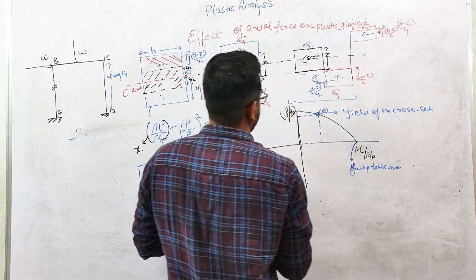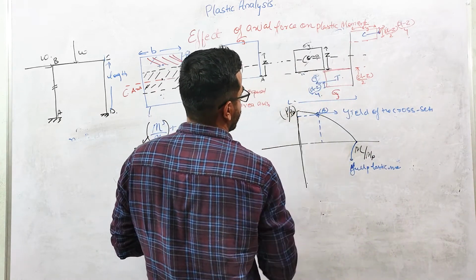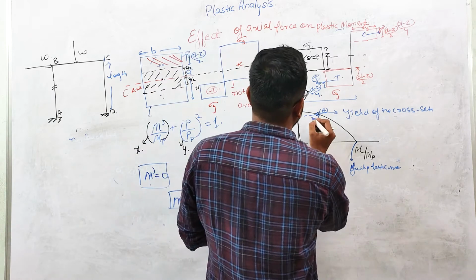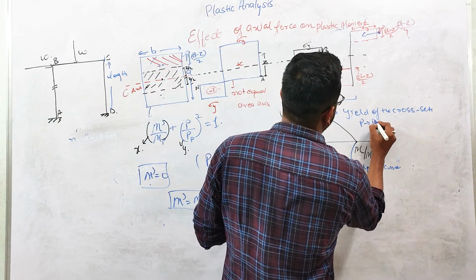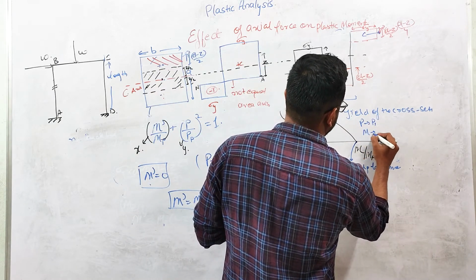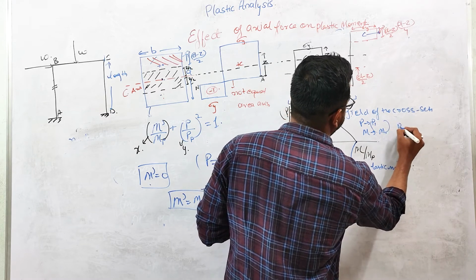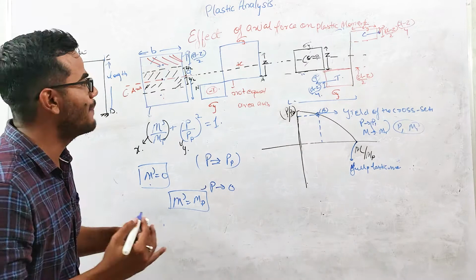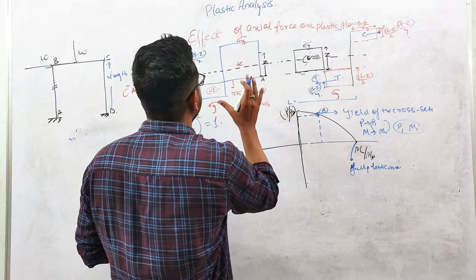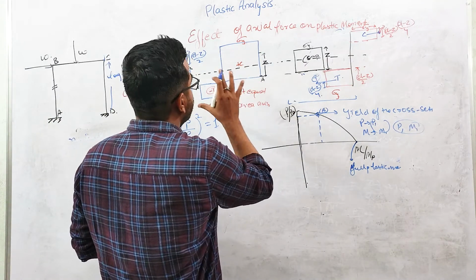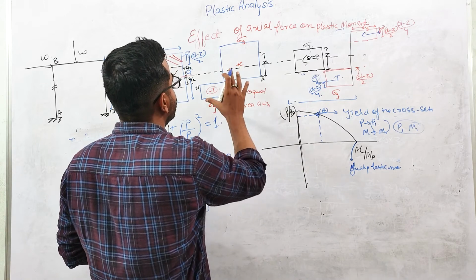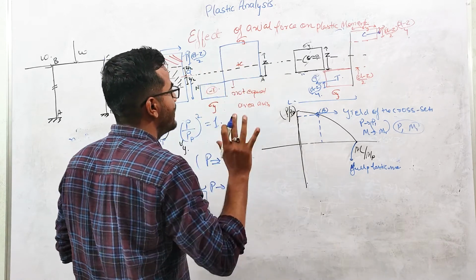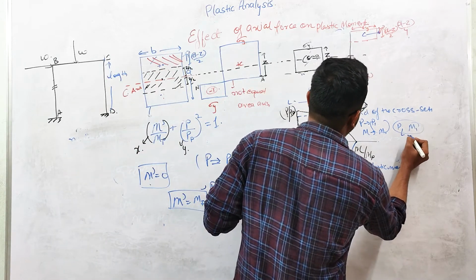So any combination, suppose at this point P is P1 and M is M1, then this P1 and M1 creates the collapse, that is, each fiber is yielded, or you can say the cross section has yielded due to this combination of P1 and M1.